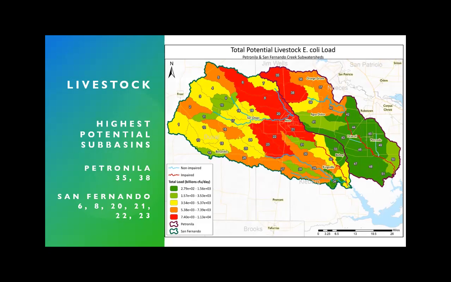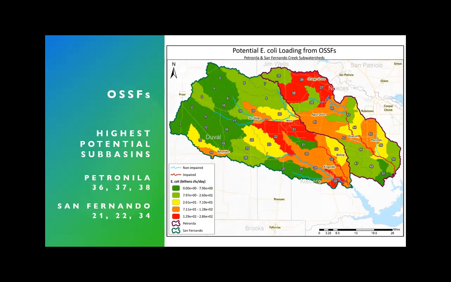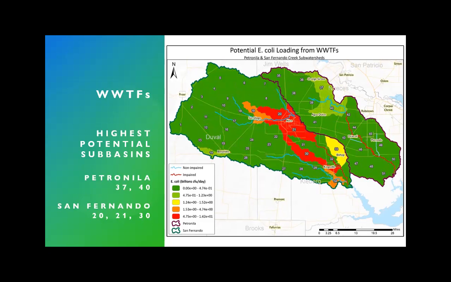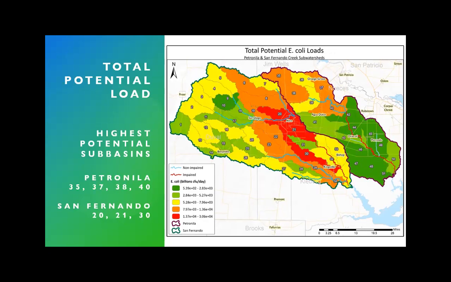While these are all cool just to look at individually, really what we want to find out is the total potential E. coli loading in the watershed. So you take all these and merge them together, OSSFs, wastewater treatment facilities, and you end up with this total potential load.